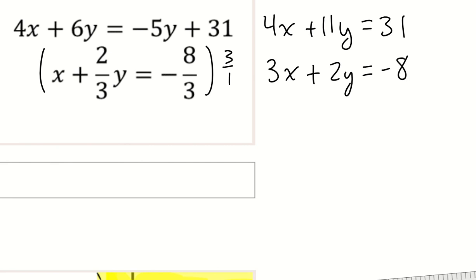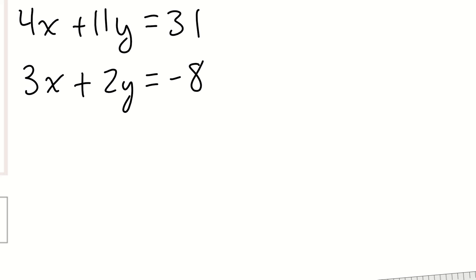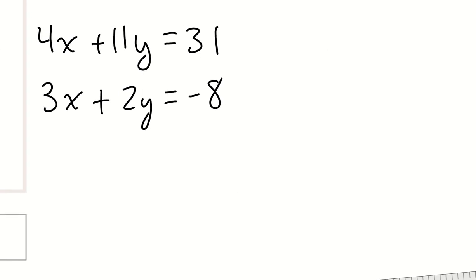Well, that's fabulous, but it didn't make it so that elimination is going to happen, did it? And we don't have to use elimination, but I was kind of going for that. So if I want to use elimination, I'm going to have to multiply both of these, and I guess I'll go with eliminating the x. So I'm going to set out to multiply the top equation by just plain old 3, and the bottom one I'm going to multiply both sides of, both the left and the right hand side, by -4, right?